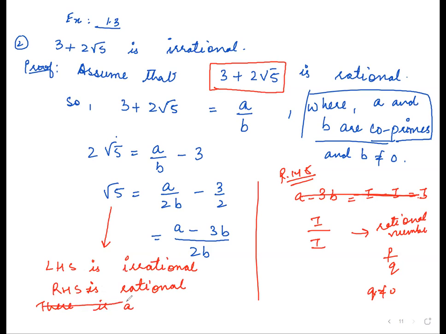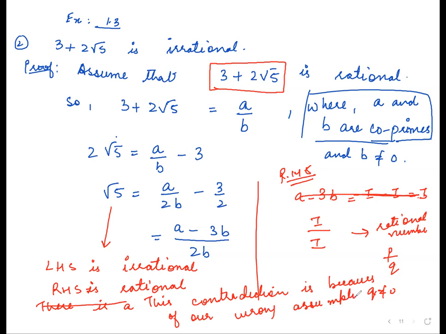Or you can write that this contradiction is because of our wrong assumption. Okay, no, write it like this, make it short.